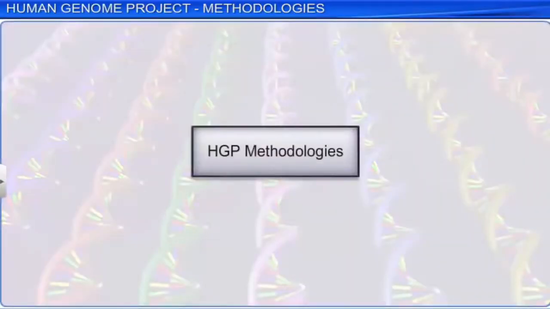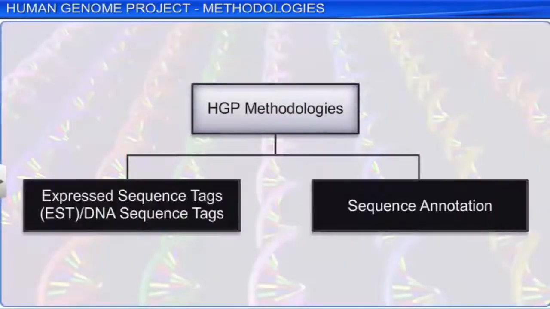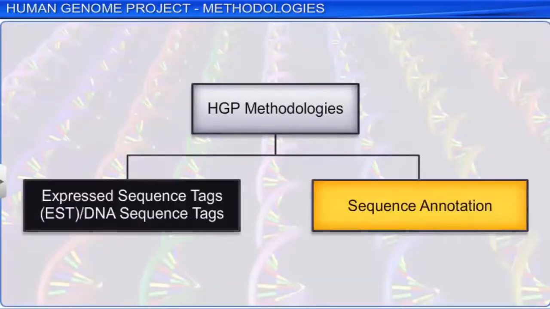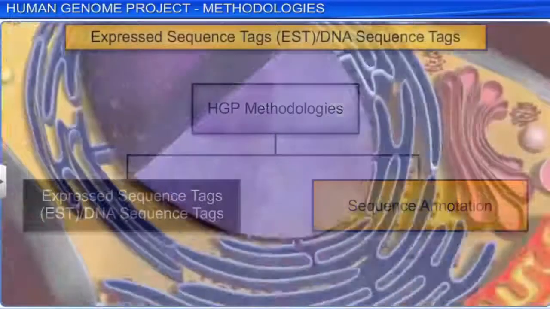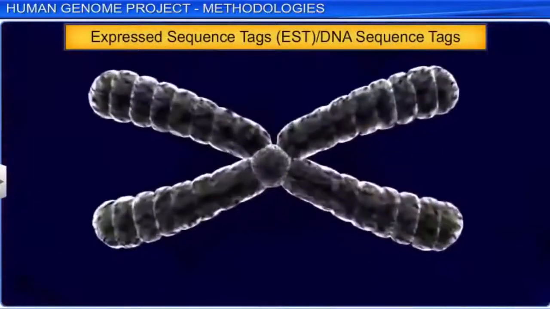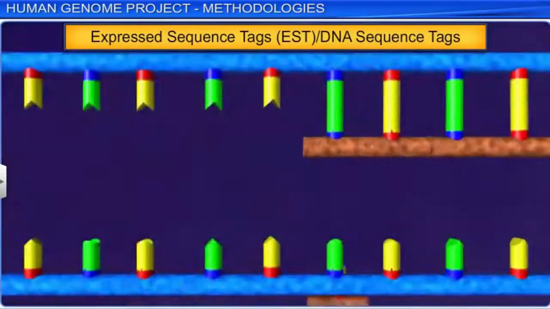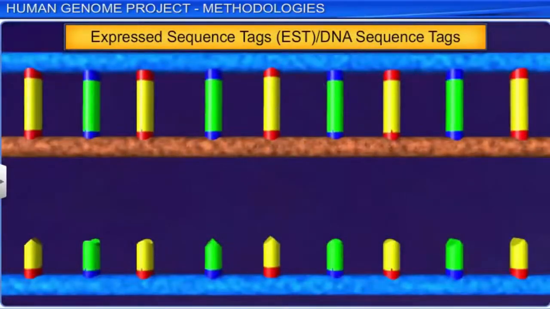HGP itself was made possible by two major methodologies of biological research: expressed sequence tags or ESTs, or DNA sequence tags, and sequence annotation. In the EST or DNA sequence tag method, the focus was on identifying and isolating all genes that expressed as RNA.